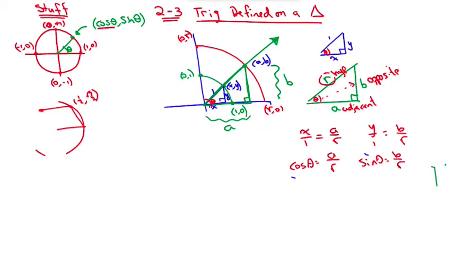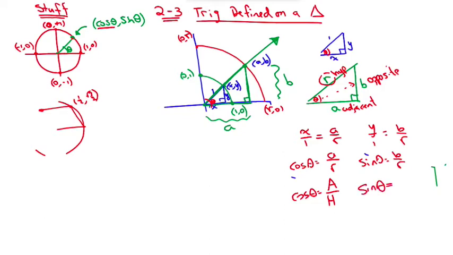So another way of writing cosine would be cosine of theta is equal to, well, here's cosine of theta. A is the adjacent side. R is the hypotenuse. So this would be adjacent over hypotenuse as a ratio of the sides of a right triangle. Sine of theta, similarly.